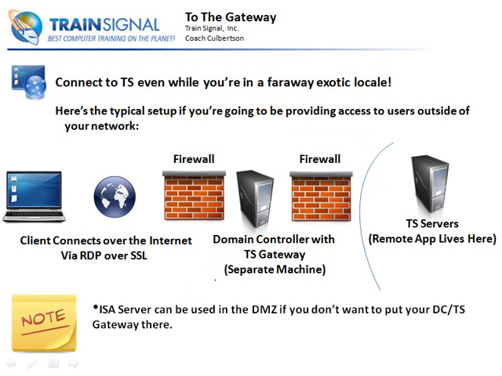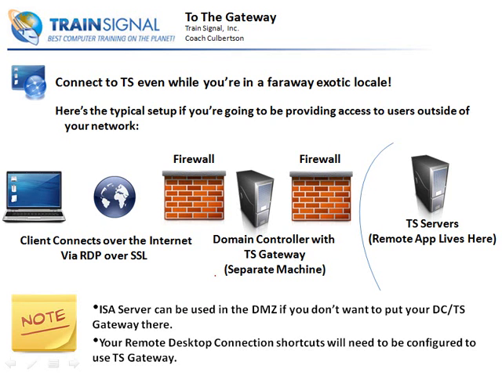Now, if you're going to be doing that, you'd also need to take the SSL certificate that is being used on ISA server and also install it over on the TS Gateway machine. Your remote desktop connection shortcuts are also going to need to be configured on the client machines whenever you're using TS Gateway in this fashion.